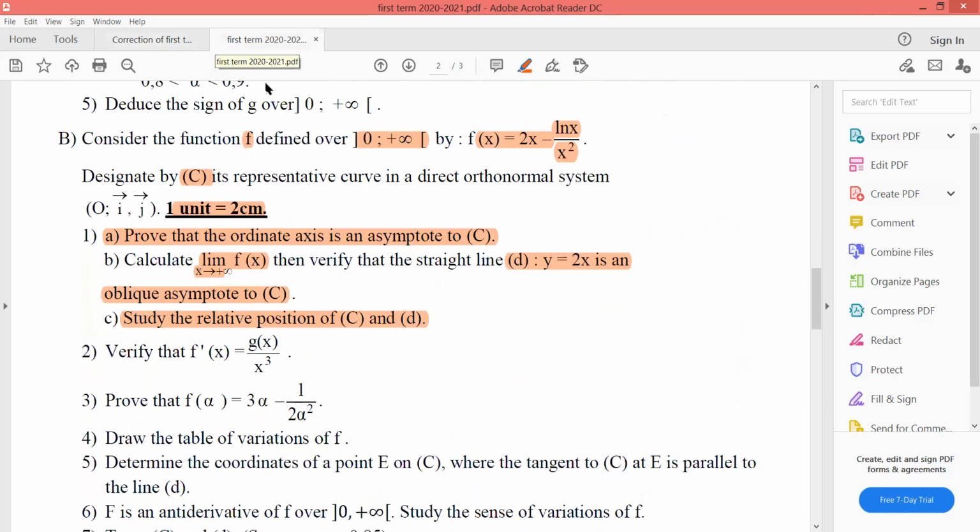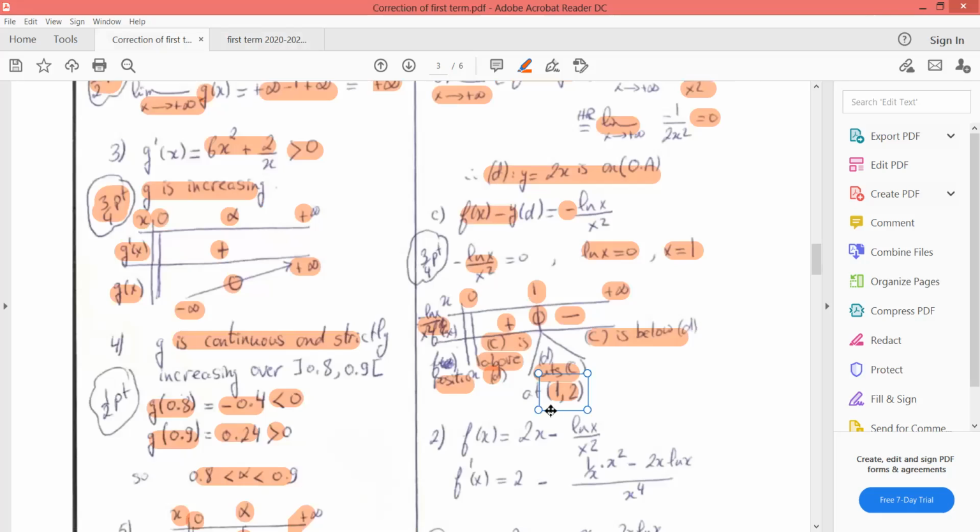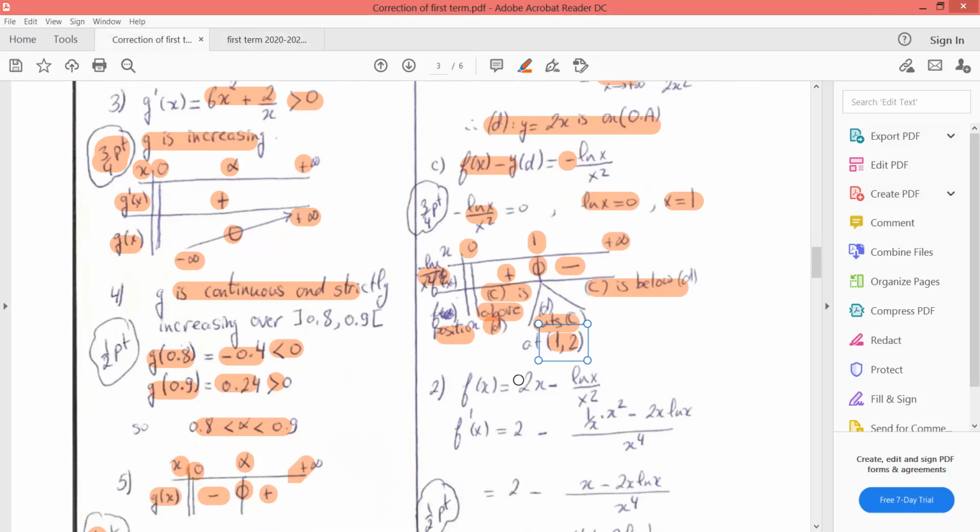Now part 2. Verify that f prime of x equals g(x) over x cubed. So f(x) is equal to 2x minus ln x over x squared.